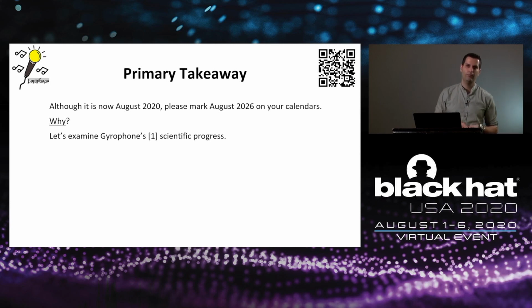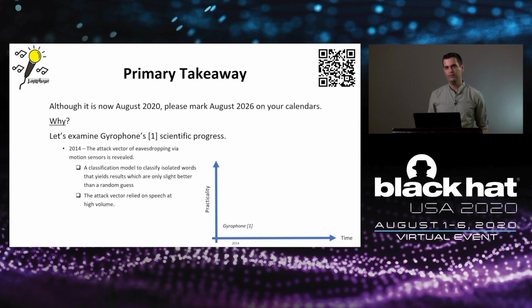And in order to explain why, I suggest to examine Gyrophone's scientific progress. Now, for many of you, the name Gyrophone doesn't say a lot. However, in 2014, the attack of eavesdropping via motion sensor was revealed by a group of scientists from Stanford University. They named it Gyrophone.